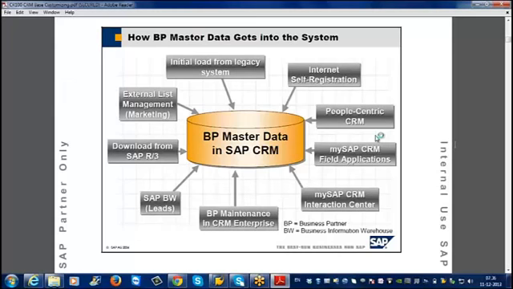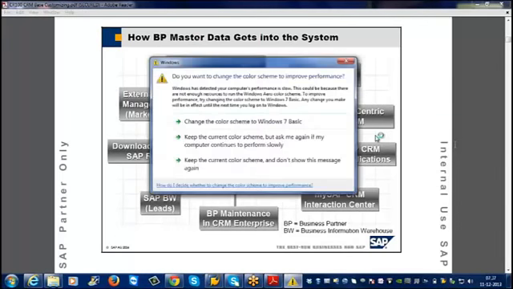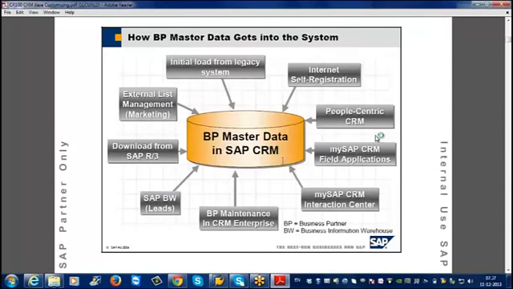And download from R3. Suppose you have an established R3 system and now you are implementing SAP CRM. Then the master data which is already available in R3 system can be used in CRM. Say you have 1000 customers in R3 system, but as far as your CRM requirements are concerned, you might be requiring only 500 customers for your CRM scenario.